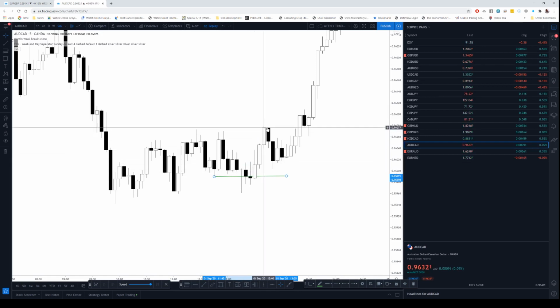So once price closed above it, price came back down to there. That's your entry, opening price, and then you look for a continuation to the upside. That's how I've trained my eyes on the buy side.